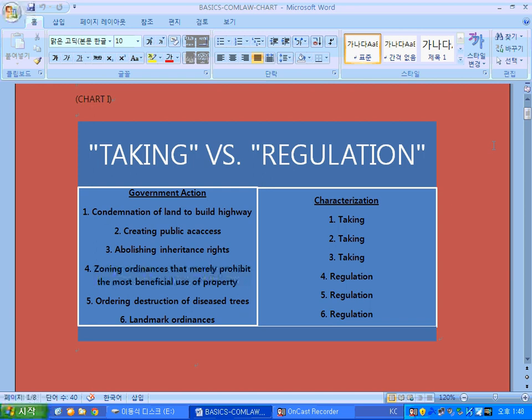In Nebbia versus New York, decided in 1934, New York passed a law establishing minimum and maximum retail prices for milk.